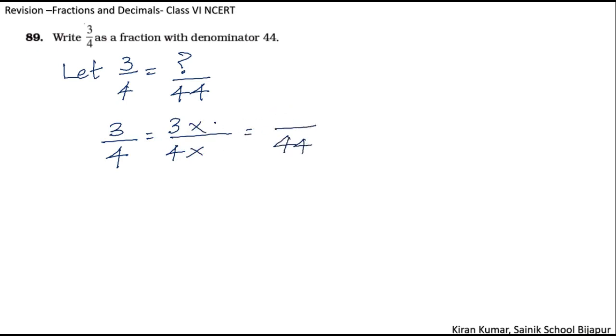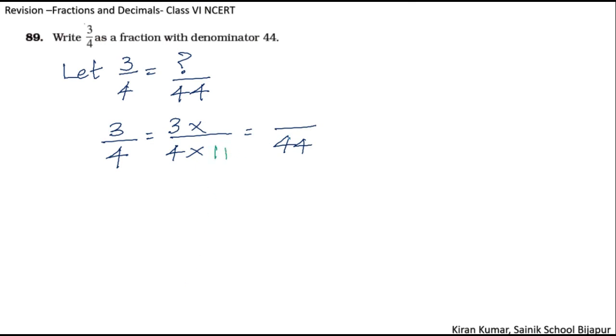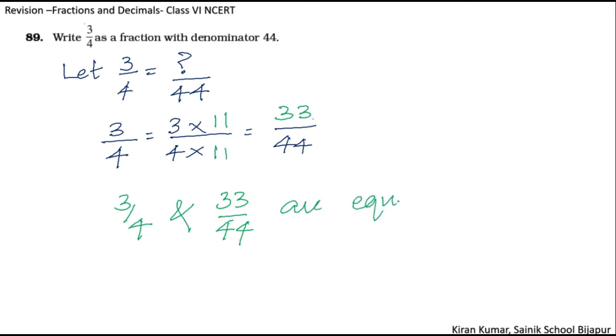So what should be multiplied here? When you multiply 4 by 11, we get 44. So 11 has to be multiplied to 3, I get 33. Therefore, 3 by 4 and 33 by 44 are equivalent fractions. Their value on simplification will give us the same fractions.